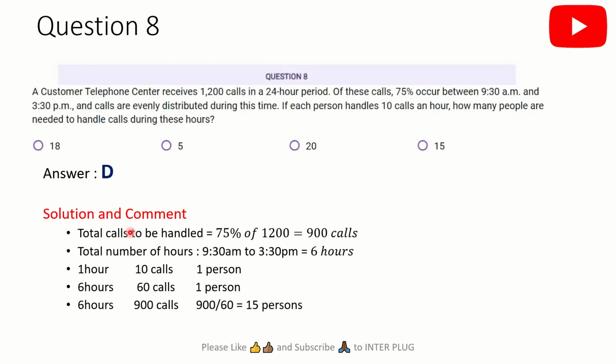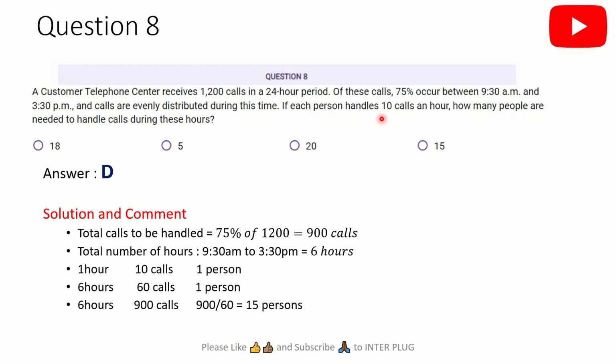We then go to the next question, question 8. These are mathematics questions that I like. So here we say a customer telephone center receives 1,200 calls in a 24-hour period. Of these calls, 75% occur between 9:30 a.m. and 3:30 p.m. Calls are evenly distributed during this time.